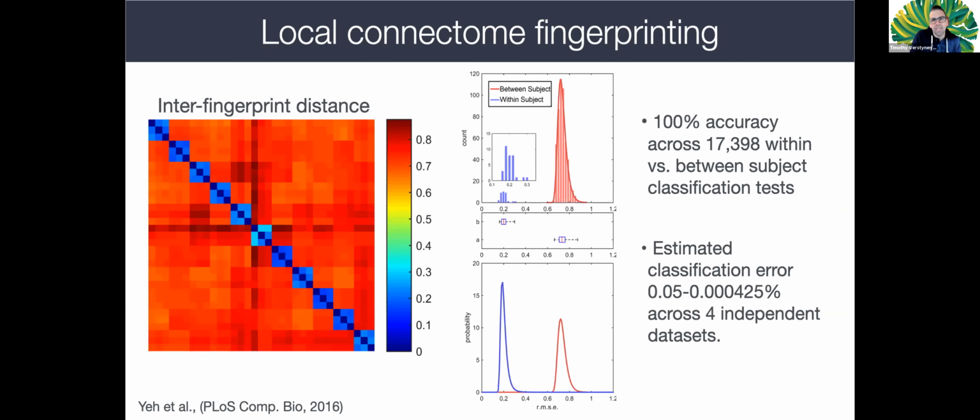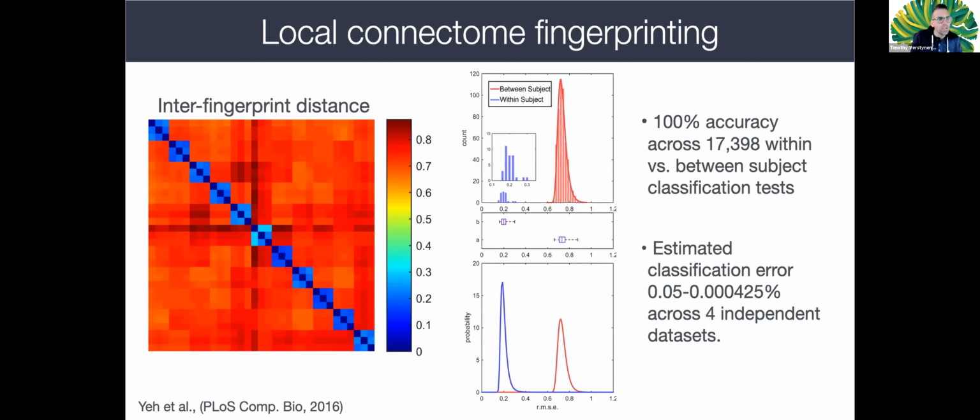This gives us a classification error akin to an actual fingerprint. So we have about the same error in identifying the same subject as you get with an actual fingerprint. So these are reliable metrics of the overall white matter integrity of an individual subject's brain.